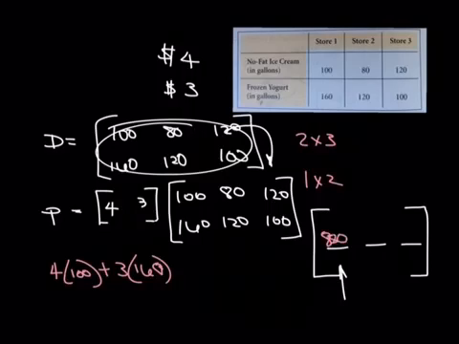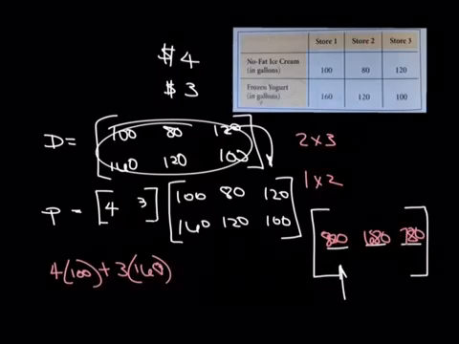And then this next number is a 680 when I do all that, and the next one is 780. So what do I have? Store 1, because that's what our columns are labeled. Store 1 sold 880, store 2 680, store 3 780. That's how much profit they made off of the ice cream and the yogurt that they sold.